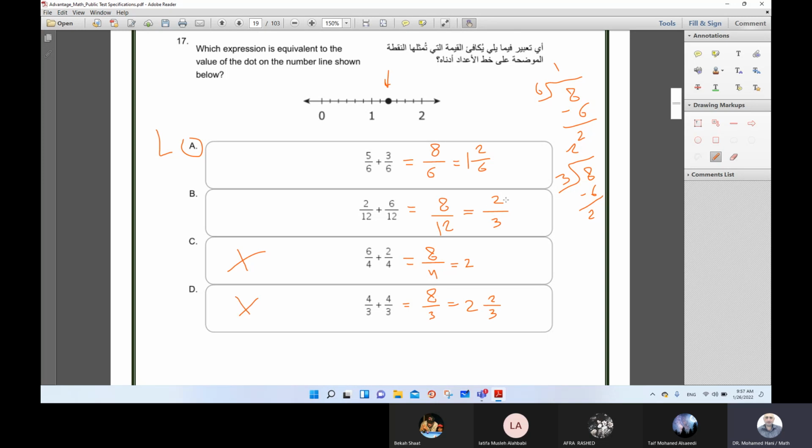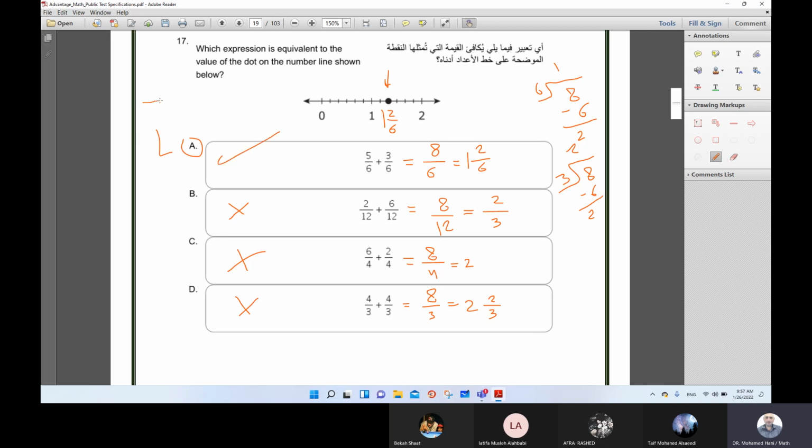And here the fraction, the numerator is smaller than the denominator, means the value is between 0 and 1. But here the point is between 1 and 2, so this is not correct. So it means the correct value will be 1 and 2 over 6. This is 1, and here 2 over 6. 1 and 2 over 6. So the point will be the first one, correct.